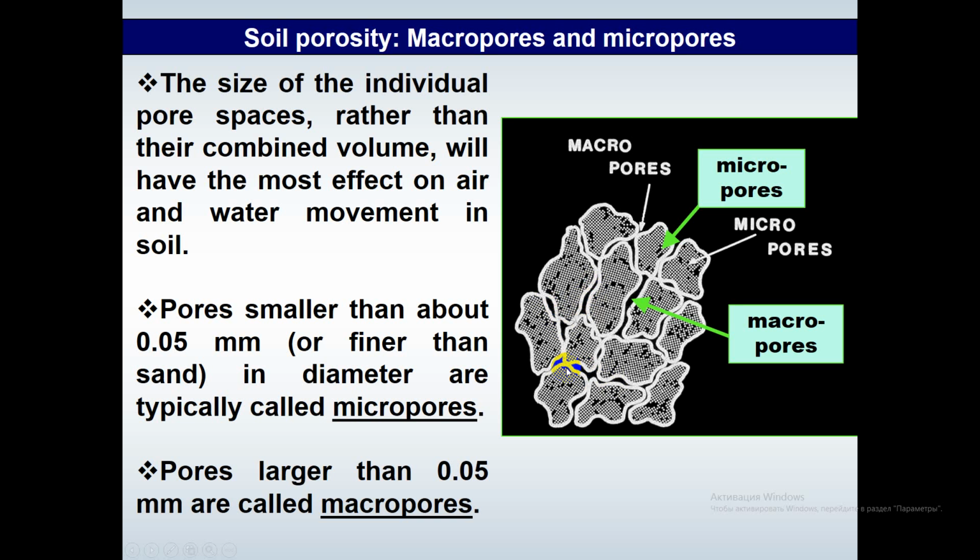Pores smaller than about 0.05 millimeter, or finer than sand in diameter, are typically called micropores. Pores larger than 0.05 millimeter are called macropores.